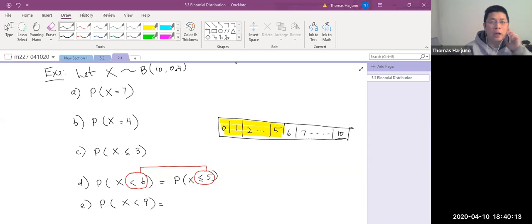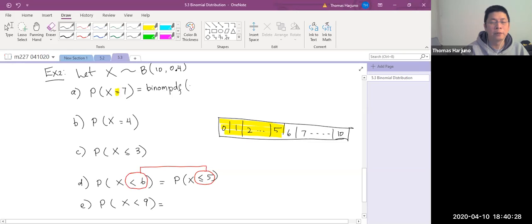Okay, so part A, P equals to, because it's only up to a certain number, it will be binomcdf. The first number is 10, the second number is 0.4, and the third number is 7.